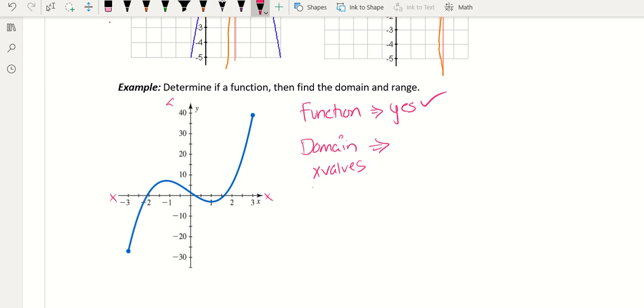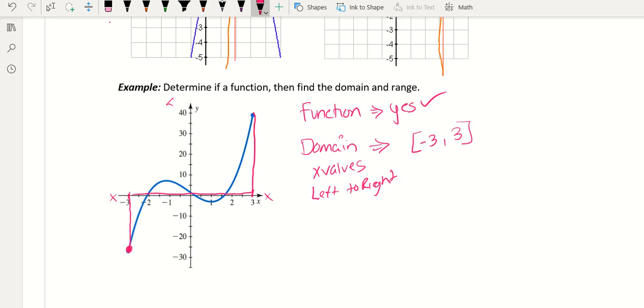In domain, we are always going to read from left to right. So if we start here to the left, it starts at -3. And if we go all the way over for our x values, it stops at +3. So our domain is all of these numbers between -3 and +3.